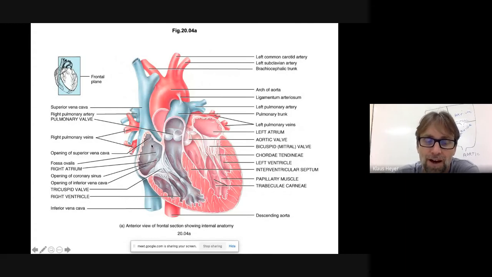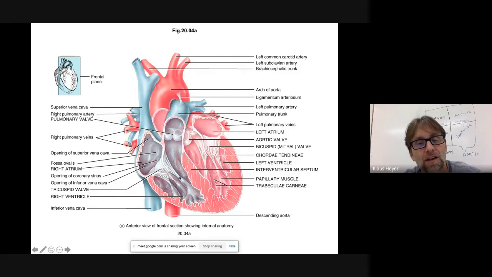Now let's look at the valves. Here's the tricuspid valve. It's got these stringy things, but this is a valve right here. Actually, you can see it's a little bit open. See the white part coming here? If you look at these strings, it kind of looks like they're pulling this valve open.